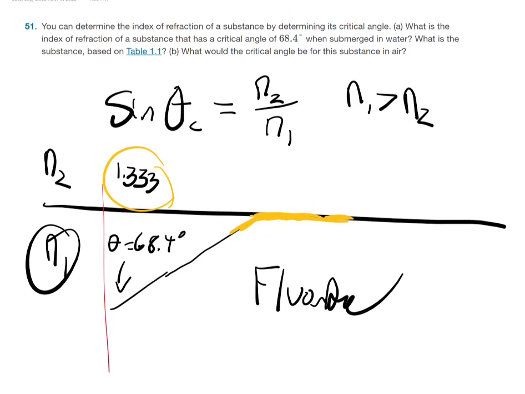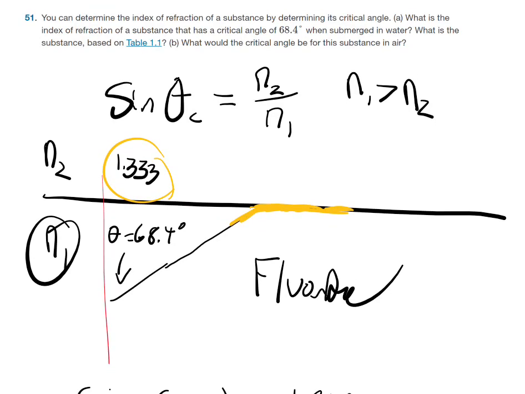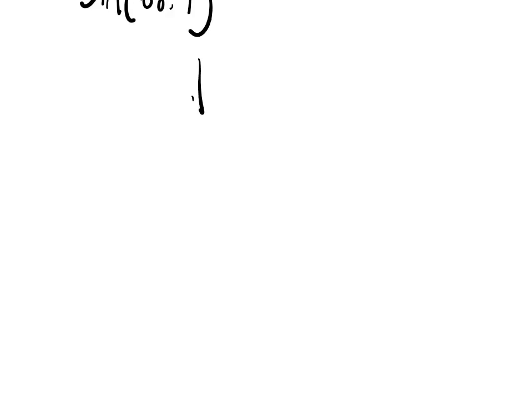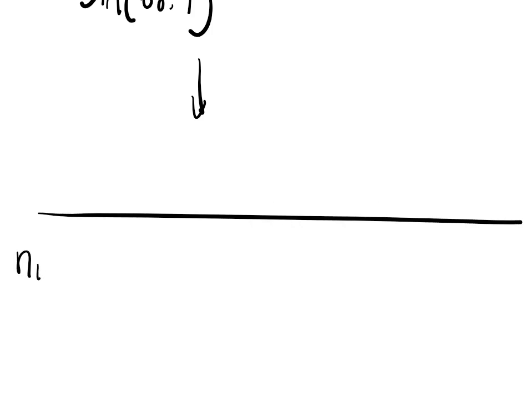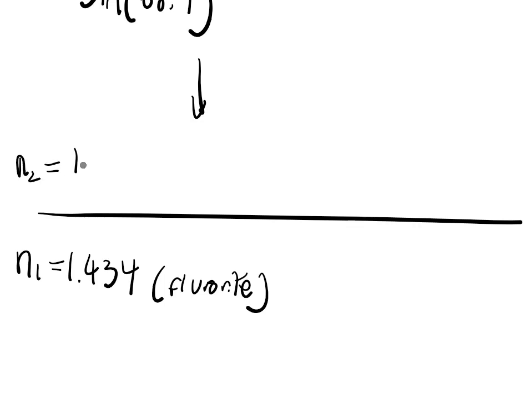Okay. And the next part asks, what would be the critical angle for this substance if it were immersed in air? So in other words, we're saying, okay, same situation. We know n1 is 1.434, fluoride, and we know n2 is equal to 1.000.